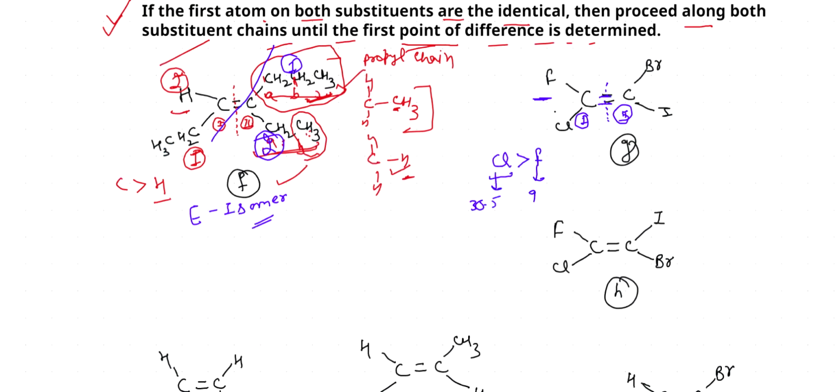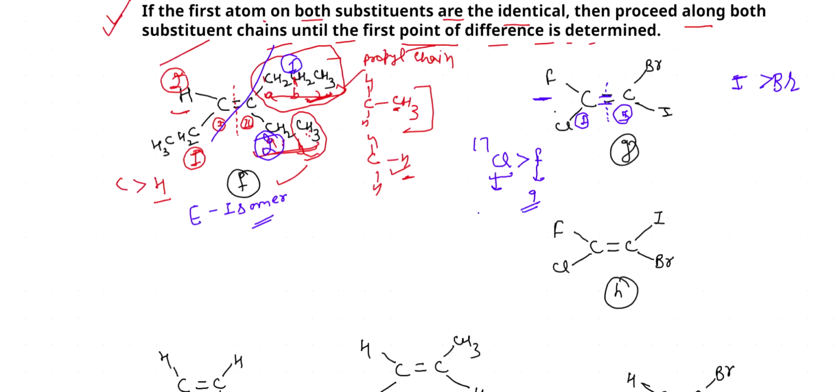Sorry, its atomic number is 17, and 35.5 is its atomic mass. So chlorine is given high priority. And then on the right hand side, the second carbon is attached to iodine and bromine. So among iodine and bromine, iodine has more priority as compared to bromine.